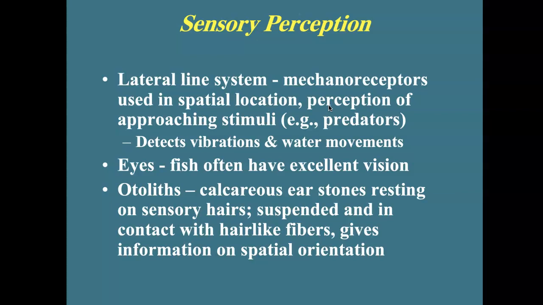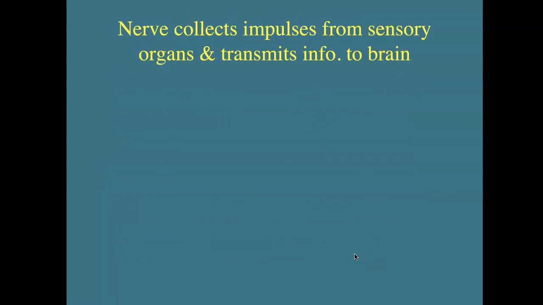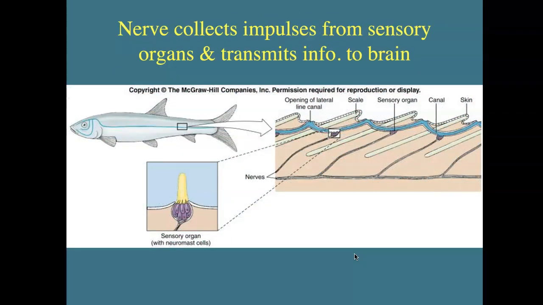And as the fish moves, those little calcareous stones will move on those sensory hairs as they move from side to side. And that will give the fish its spatial orientation of up from down, okay? So kind of interesting on those otoliths, very similar to what we have in our inner ear.